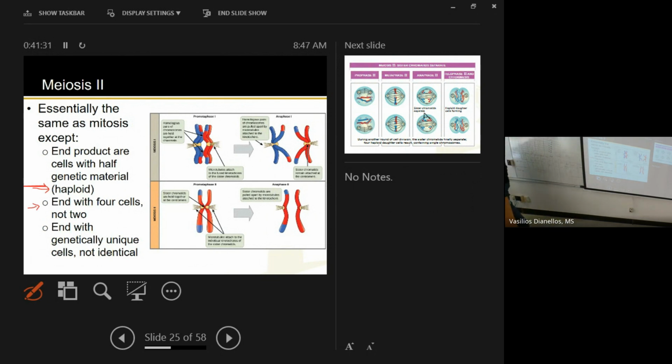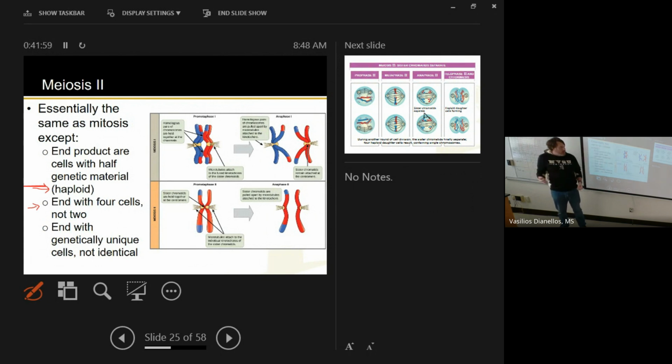And that doesn't even include crossing over. So not only will any given sperm or egg cell have a different combination, but even in the small, tiny chance of them having the same combination of which chromosomes came from your mom or your dad, then you have crossing over. So this sperm cell might have chromosome 1 from your dad, and this sperm cell might have also chromosome number 1 from your dad.